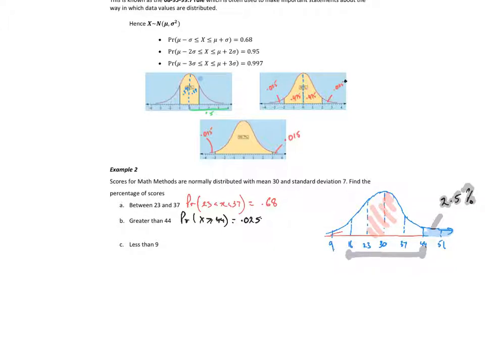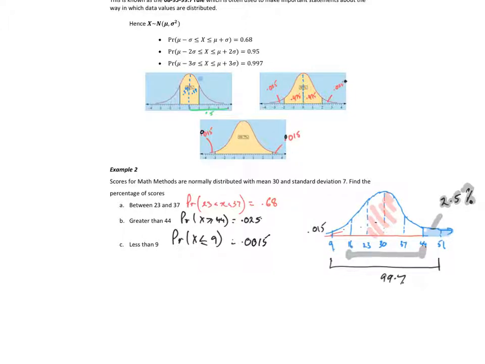Less than 9 is 3 standard deviations. X is less than or equal to 9, so 3 standard deviations. Remember, 3 standard deviations covers 99.7%. So we have 0.3% in the tails, so I've got 0.015 at the very end. Actually, 0.15% is 0.0015, isn't it? Sorry, didn't do my sums too well.